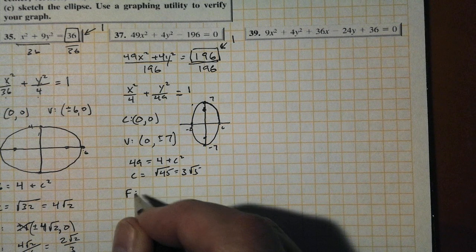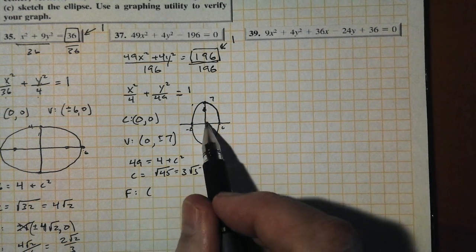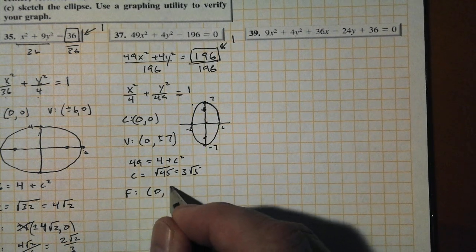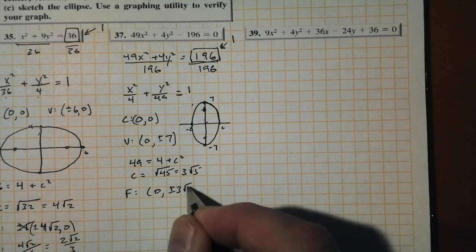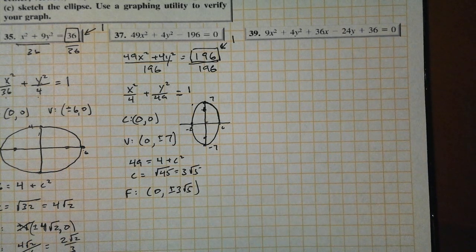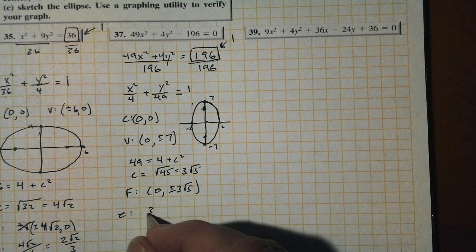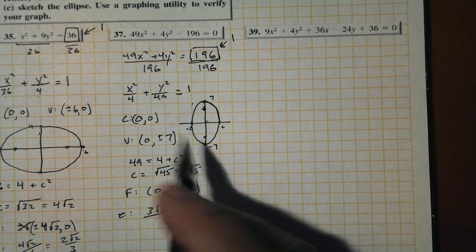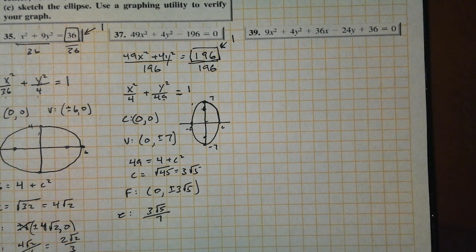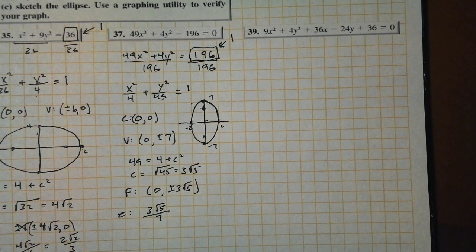The foci, to get there, we don't go right or left. We do go up or down 3 square root of 5. And the eccentricity is c on a. And that is it.